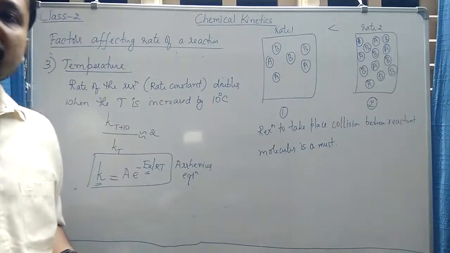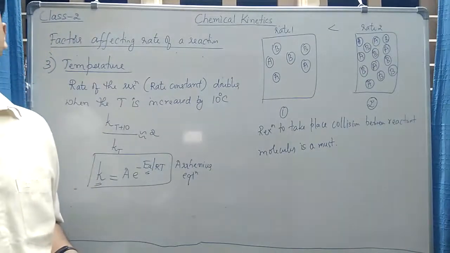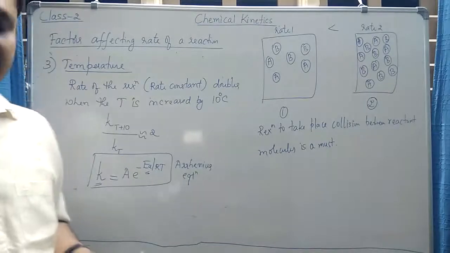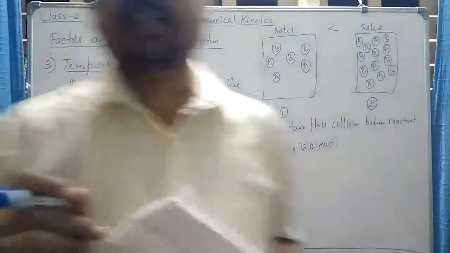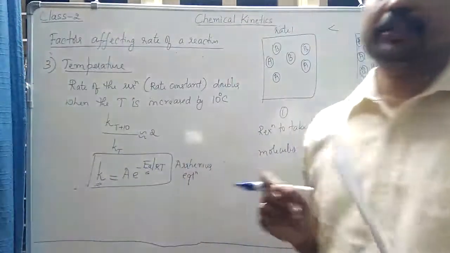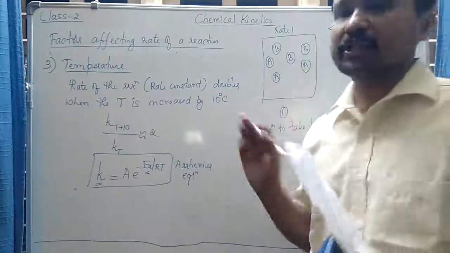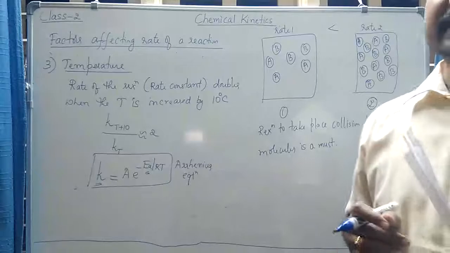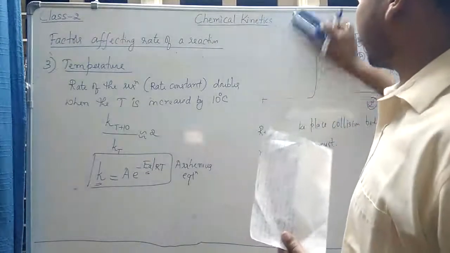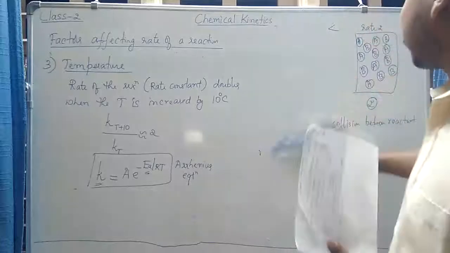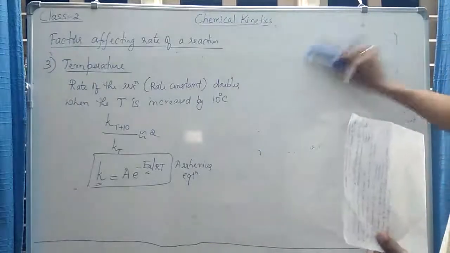So collision frequency increases with the temperature, and as collision frequency increases, the rate of the reaction also increases. So the rate is directly dependent on the temperature at which the reaction is carried out. So temperature is an important factor like concentration, that affects the rate of the reaction.